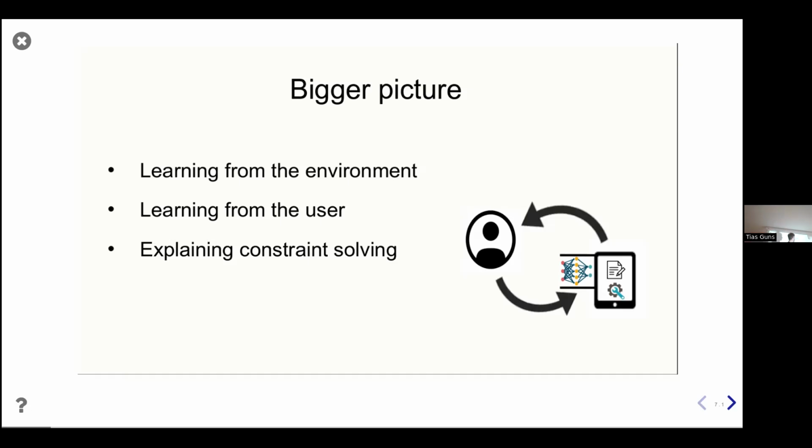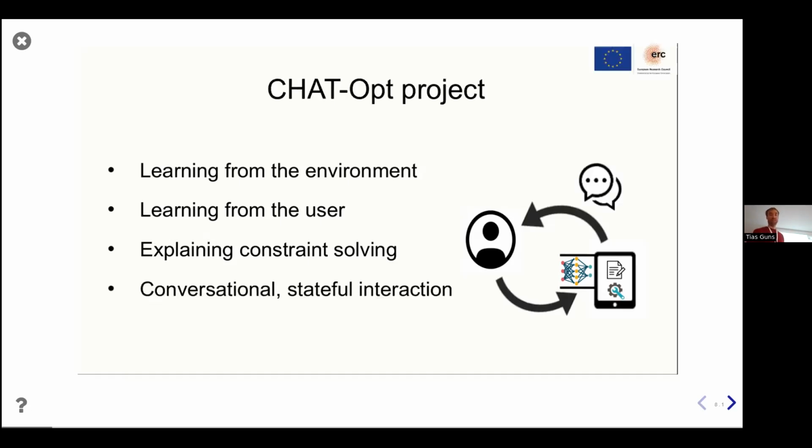The second way is that this is a very one-way direction, where we just observe what the data is, what the input is, and we input models. But the talk today will be about how we can make this a two-way communication, where a solver can also be asked to explain why it made certain decisions, or asked what alternative options there are that do satisfy certain other properties. And the end goal, as we have in our lab a large European project about this, is to have this be a conversational and stateful interaction.